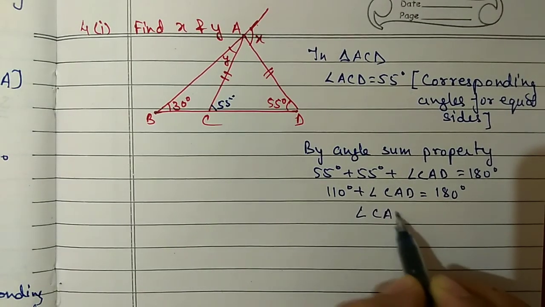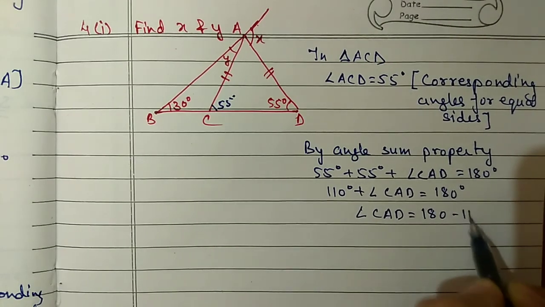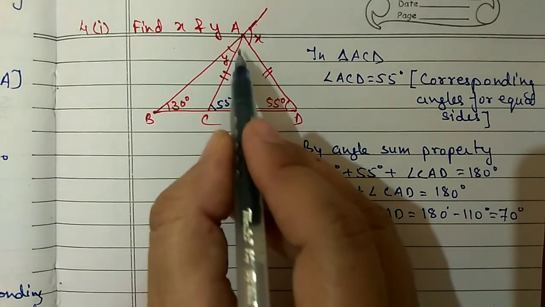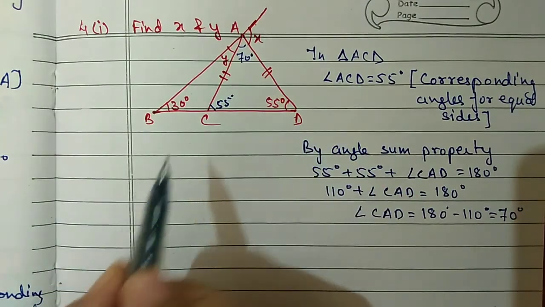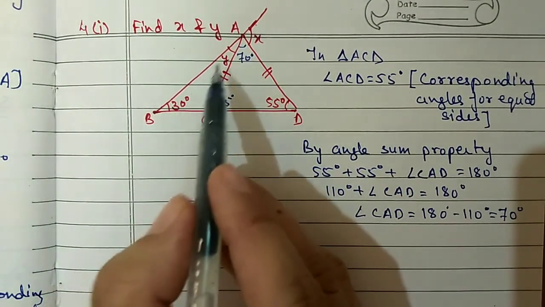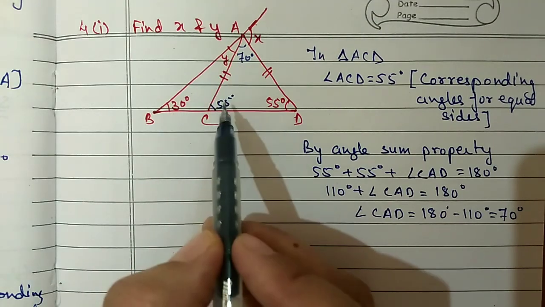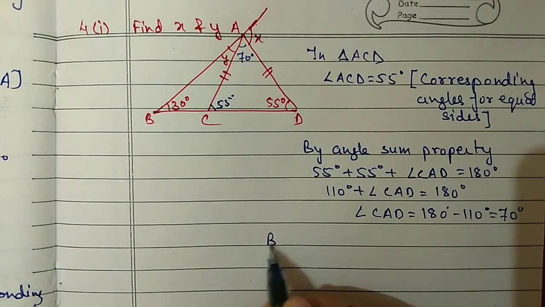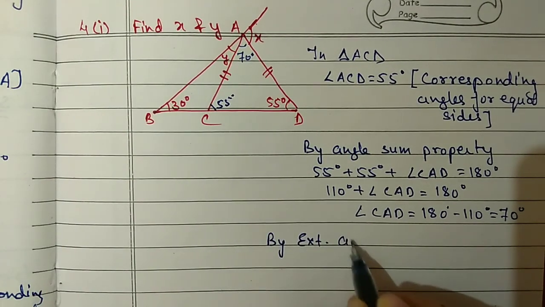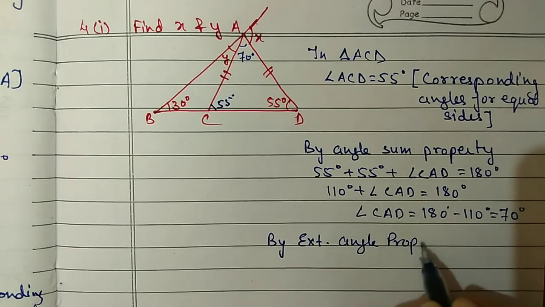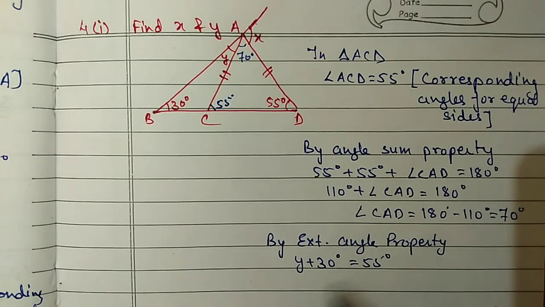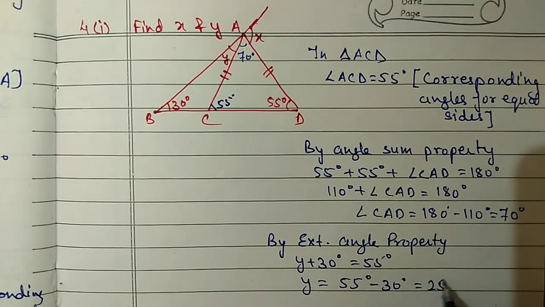So angle CAD is equal to 180 minus 110, equal to 70 degrees. So we got this angle also 70 degrees. Now first we will find out this y. We can use the exterior angle property here. These two interior angles are equal to the exterior angle. So by exterior angle property, y plus 30 will be equal to 55 degrees. It means the value of y will be 55 minus 30, equal to 25 degrees.